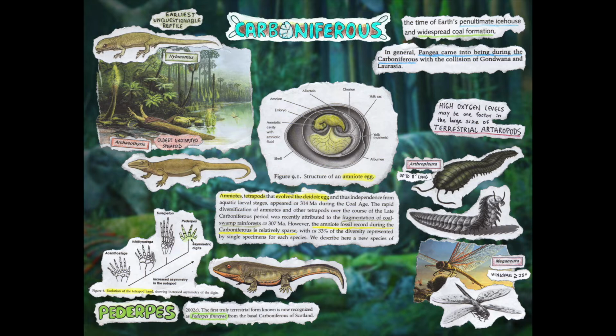And then sauropsids include reptiles and everything that falls under reptiles, even if it's not colloquially thought of as a reptile. And so synapsids and sauropsids start off looking very similar with only slight differences in terms of their skulls. And so a lot of these differences don't really show up until later on, where you can visually distinguish pretty well.